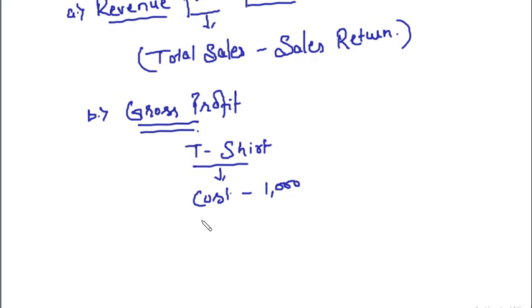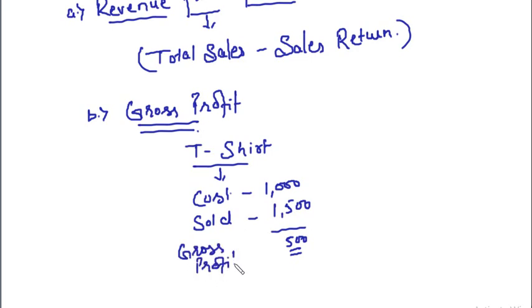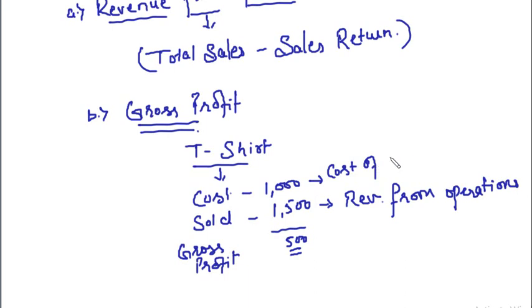And you have sold it for 1500 rupees. This difference of 500 is what? This is your gross profit. What is this 1500? This is your revenue from operations. What is this 1000? Cost of goods sold.